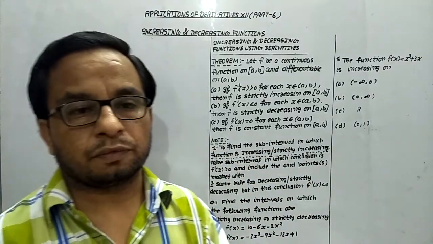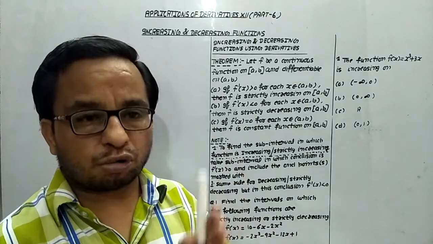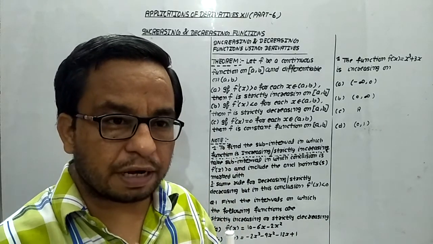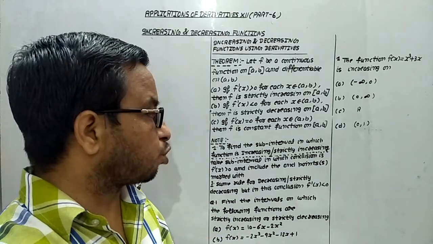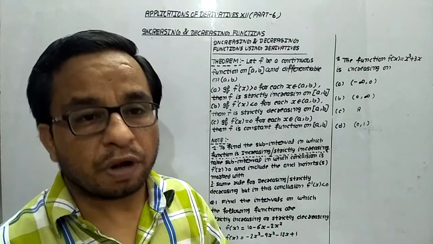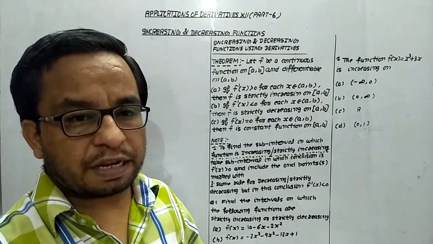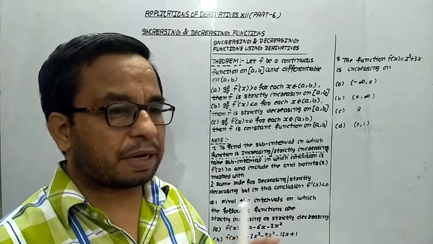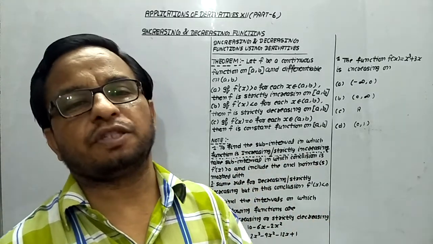So what we have to do is first find the subintervals, and after that prove the function is either increasing or strictly increasing, and we will include the end points in it. The same process we have to do for decreasing or strictly decreasing, but in this case the sign of f'(x) must be less than 0.